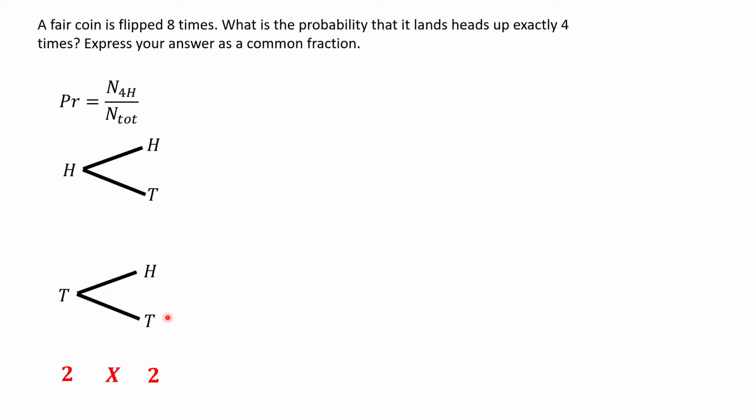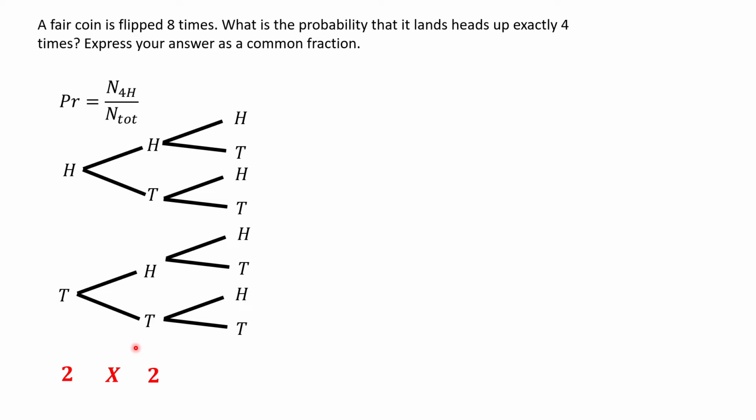Right? Now, what if I have a third throw? Now, what's happening? I can get head or tail. And those are 2 outcomes for each of those 4 outcomes I had before on the first 2 throws. So this is what it's going to look like. And the total number of outcomes actually doubles. Okay? So if I had 1 throw, I had 2 outcomes.